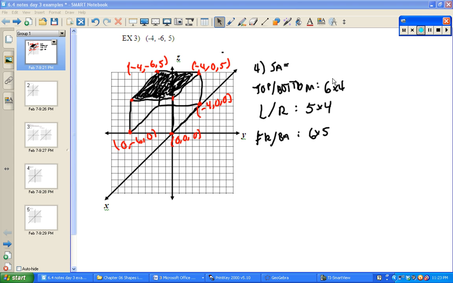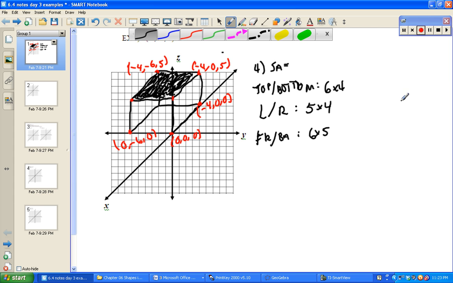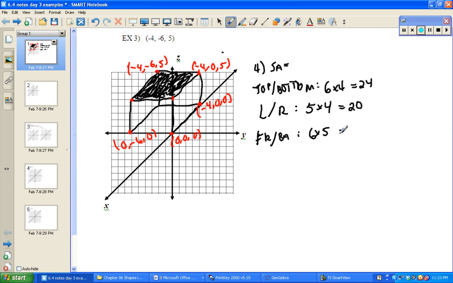So the top and bottom are 6 by 4. 6 times 4, that's 24. The left and right are 5 by 4, that's 20. And the front and back, 6 times 5 is 30. So the total surface area is 24 plus 24, because there's the top and the bottom. The left and right are 20 and 20 each.